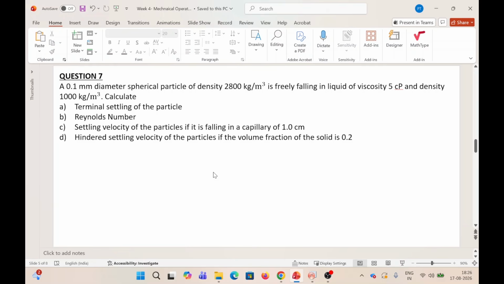Based on this, you are supposed to calculate the terminal settling velocity of the particle, Reynolds number, hindered settling velocity, and the settling velocity if it is falling in a capillary of 1 centimeter. I think the question is direct. First you need to find the Reynolds number. Based on the value of the Reynolds number, you need to use the value of Fd to calculate the terminal settling velocity of the particle.